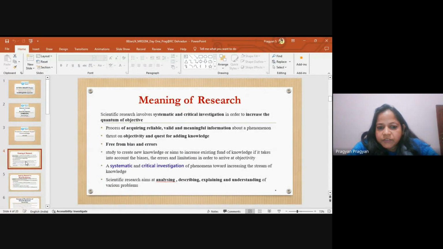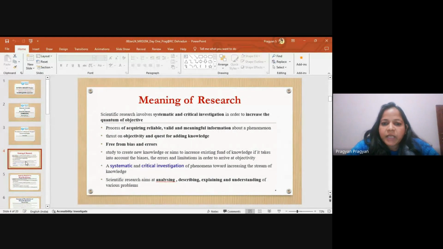This systematic and critical investigation of a phenomenon is towards increasing the stream of knowledge, and it can also be associated with certain applied use of that knowledge. So, either the purpose is to derive, to develop, to formulate a knowledge base regarding a social phenomenon, or the purpose is to solve some active problem by doing active research.